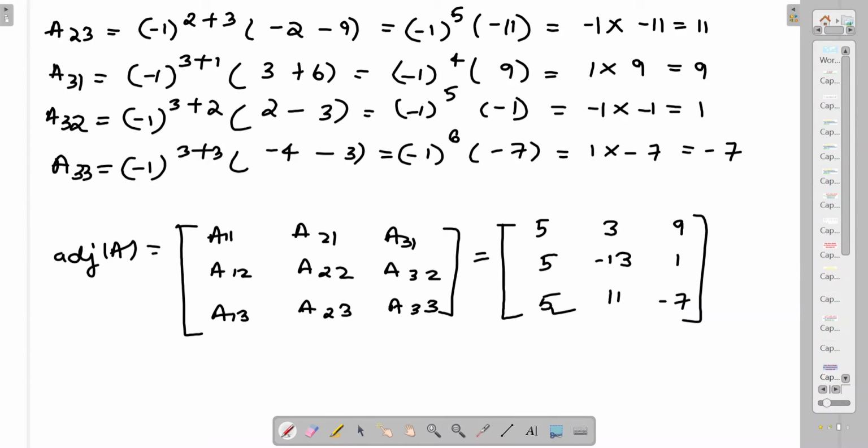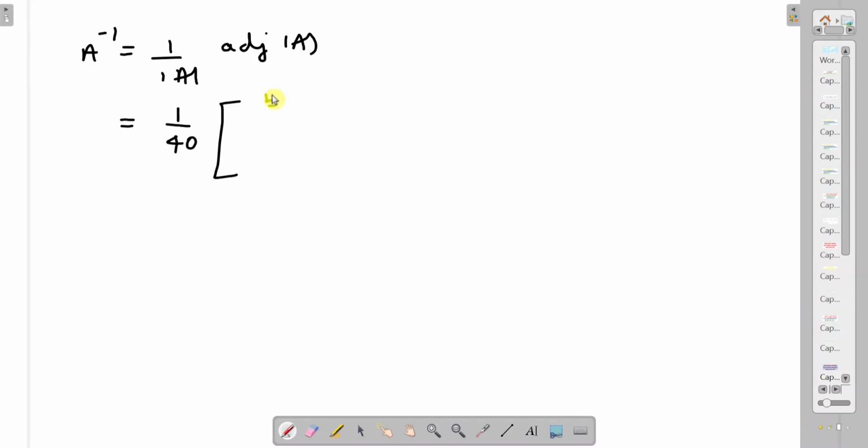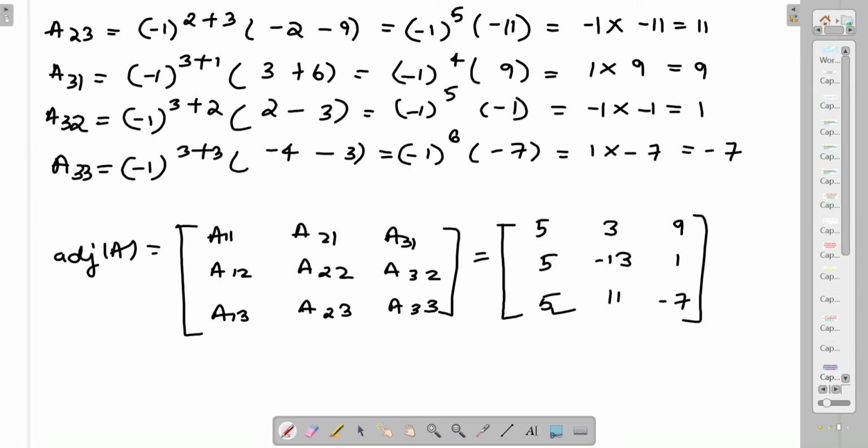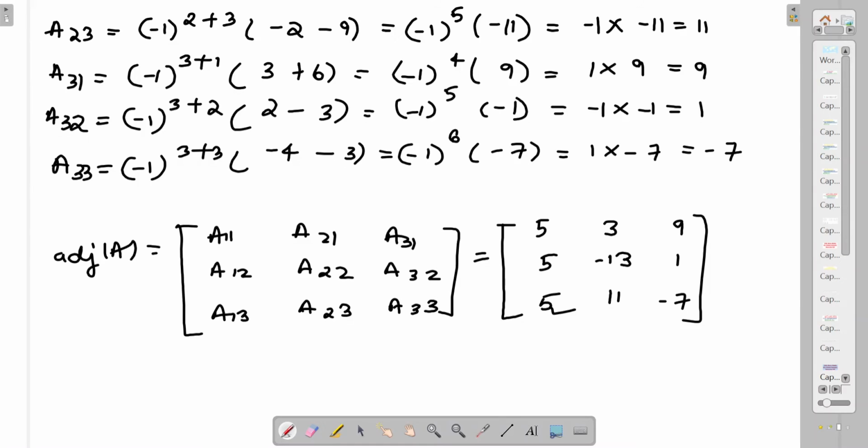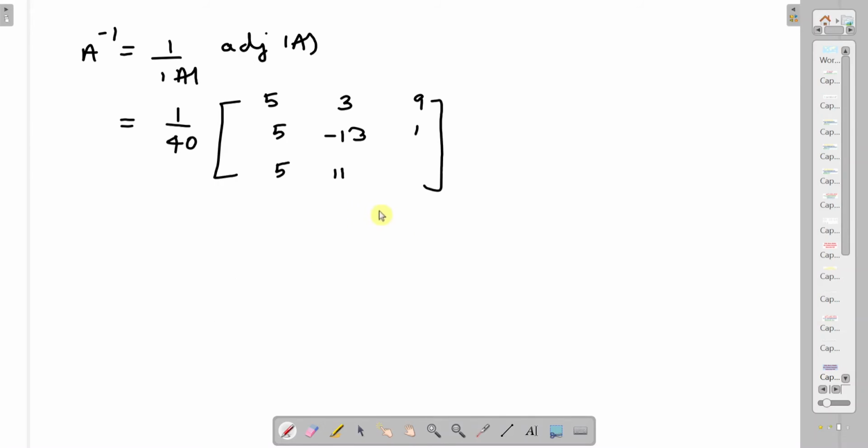So 5, 3, 9. Then 5, minus 13, 1, then we have 5, 11, minus 7, right? Okay, so this is the A inverse.